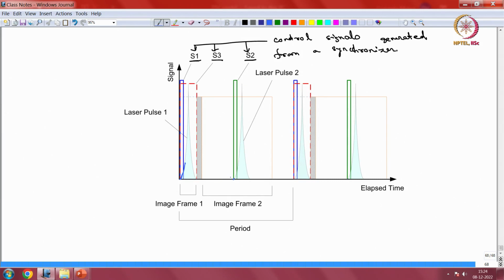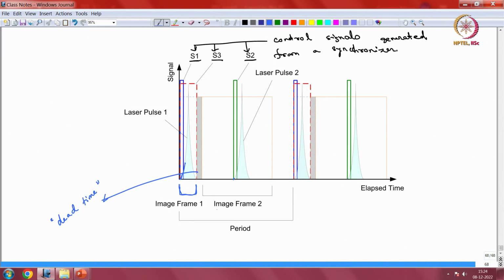Once the laser operates, then the camera is instructed to take one image. So this is an example of a double pulse laser. You have the first laser pulse being operated, and the camera takes one frame. Then there is a certain dead time in the camera, and this dead time is used to distinguish the first exposure from the second exposure.